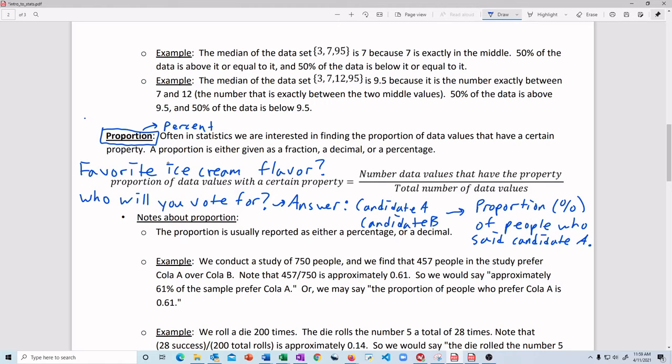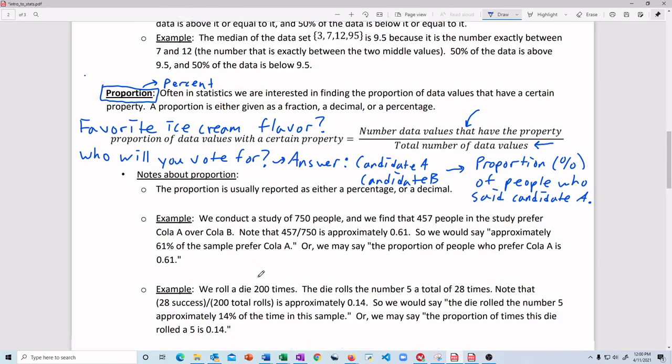If I know the percentage of people who said A, I've learned a lot about that group. And it's not too bad. All we do is count up the number of people who said candidate A and divide by the total number of people we talked to. That will give us the proportion or percent. There you go. So there's a couple examples down here.